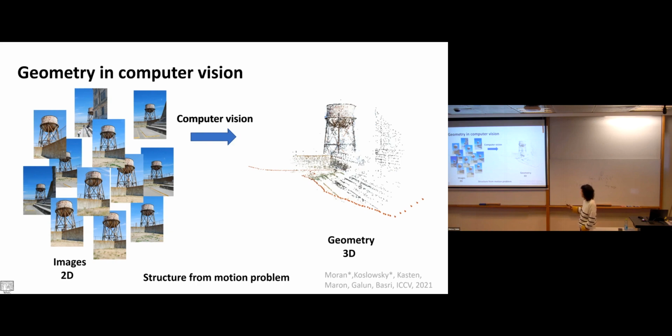What is computer graphics? Computer graphics is the other way around. What do I mean by that? If in computer vision we go from 2D to 3D, in computer graphics we go from 3D to 2D. I have a 3D model in space, I have locations of cameras, and I want to generate 2D images.